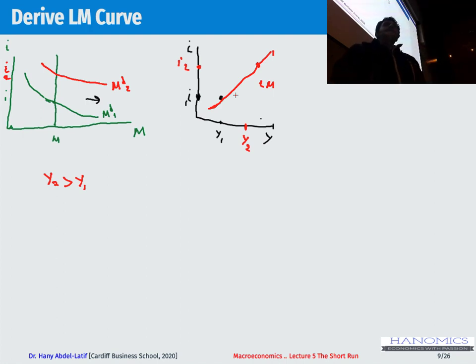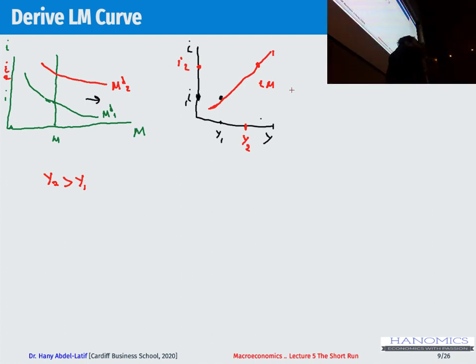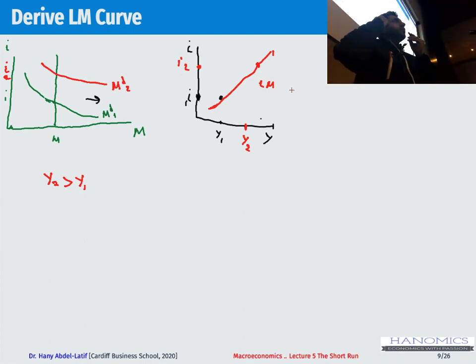In a similar way, we need to think about the LM curve. Here we talk about the money market, so basically we're looking at what would shift demand for money to the right or to the left, and the same thing applies when we talk about monetary policy, because the policy variable here is either the money supply or the interest rate, depending on which variable the central bank targets.